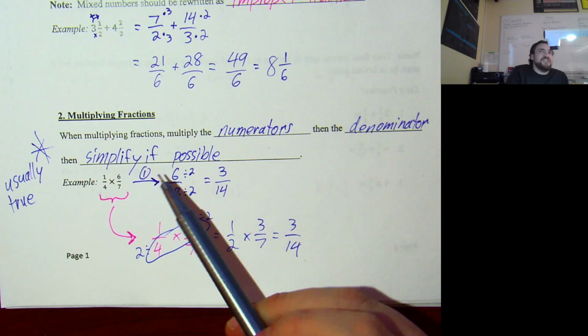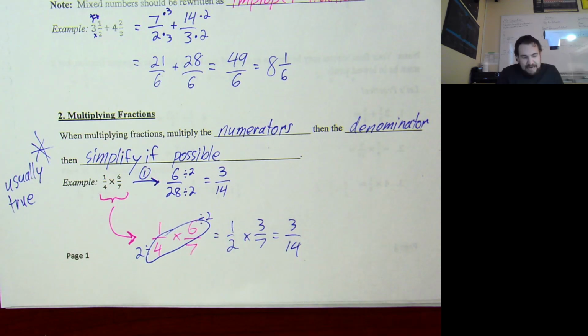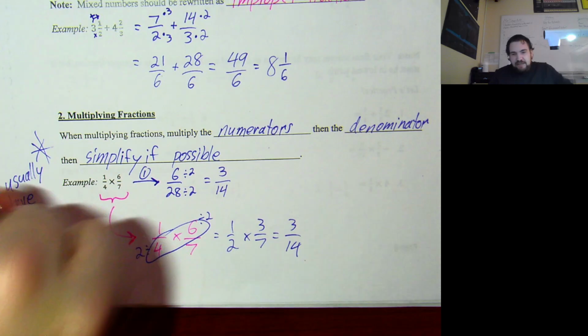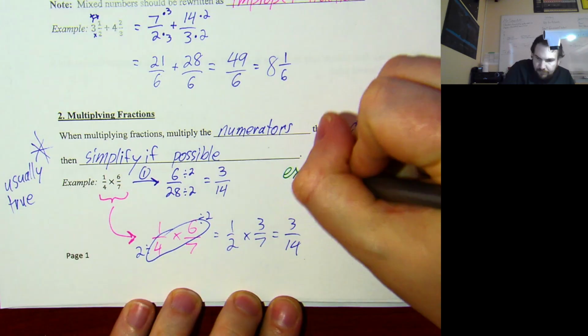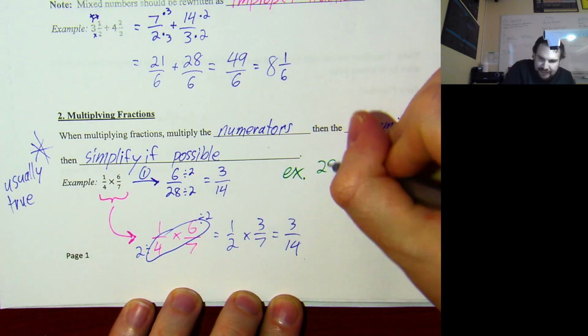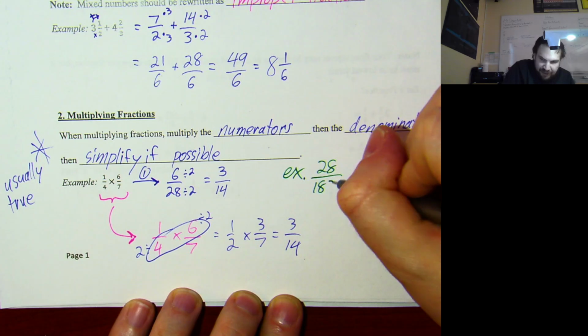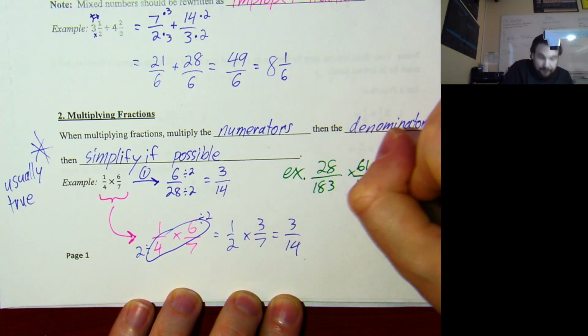Now, in a question like this, obviously that doesn't save us a lot of time. But what if I gave you a question that looks like this? Here's another example I want you to write down. 28/183 times 61/14.